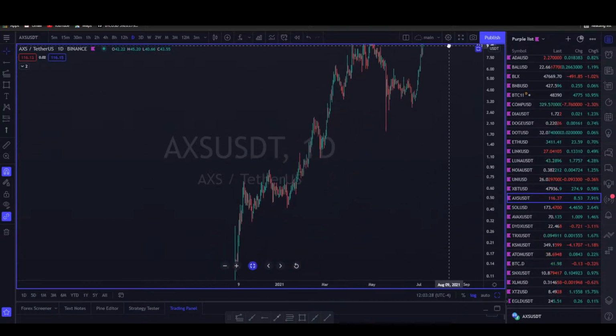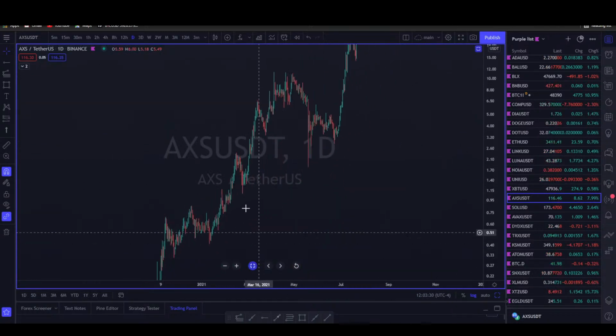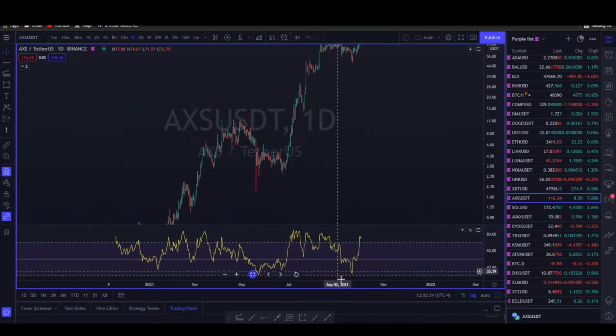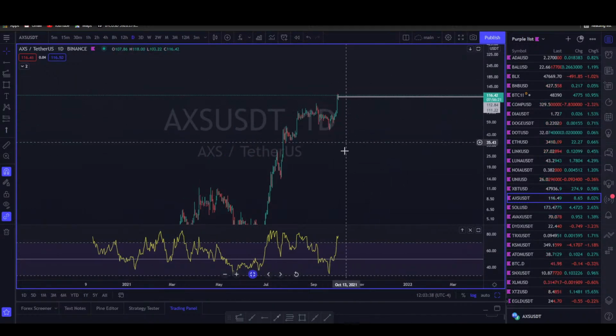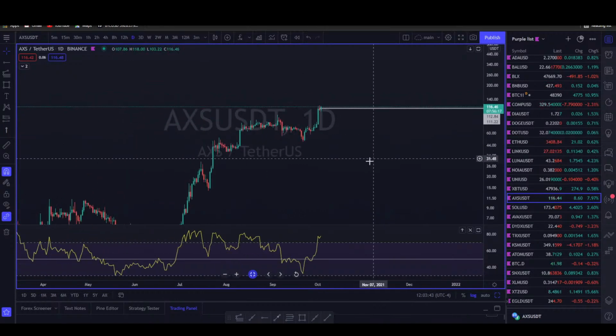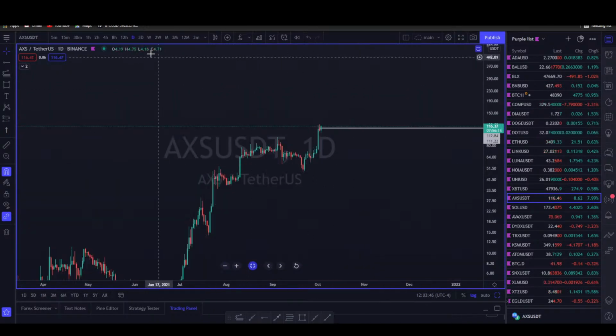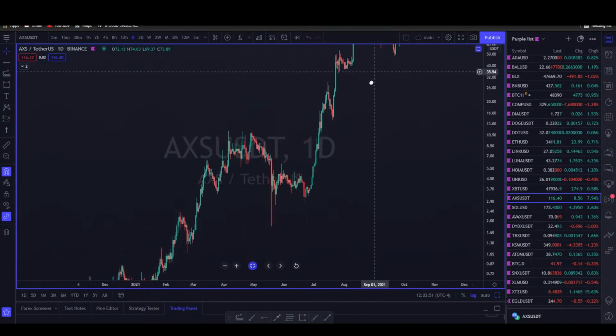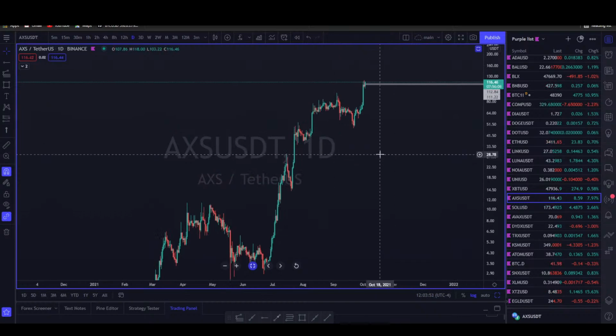It's extremely, extremely overbought. To go from oversold like that to overbought in the span of a week is insane. This could very well be getting ready to top out. I wouldn't look to buy it. It's already had such a massive, massive run.